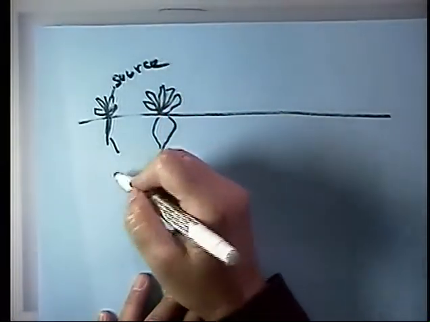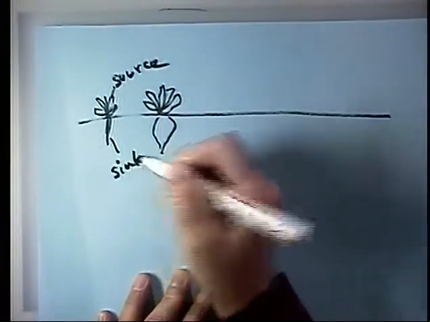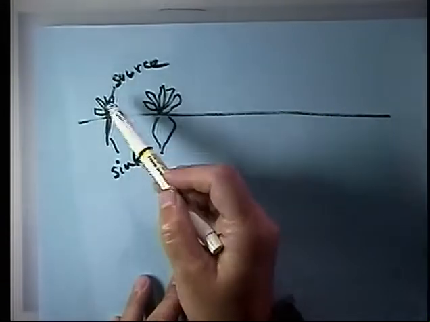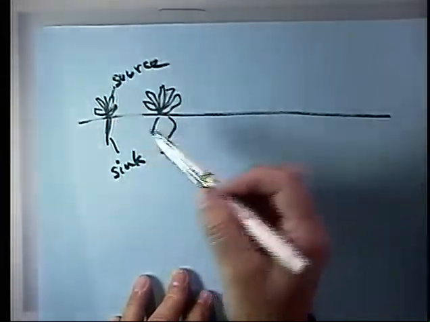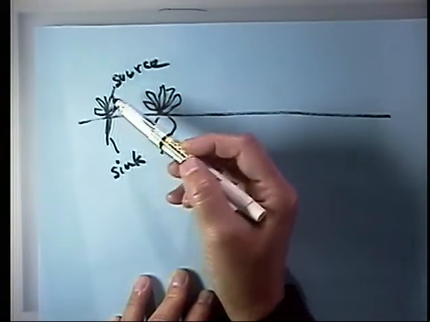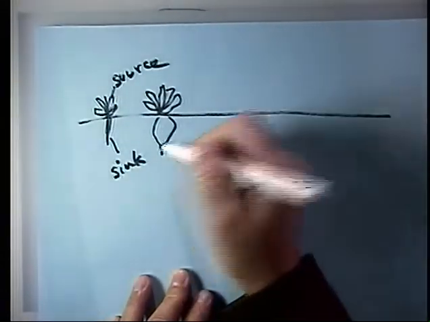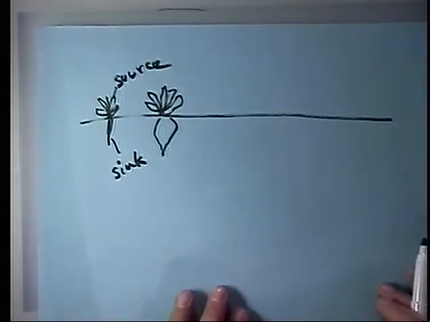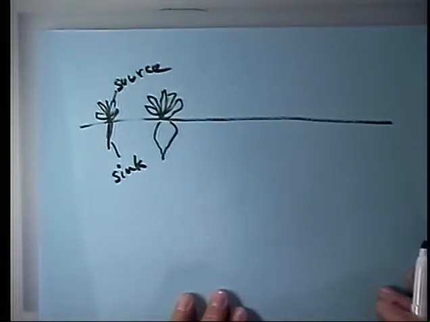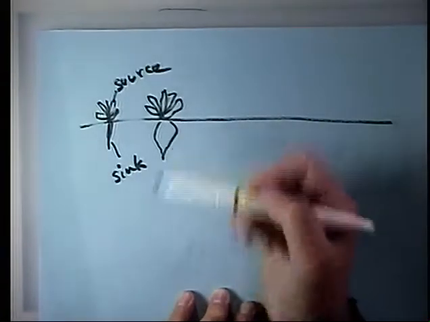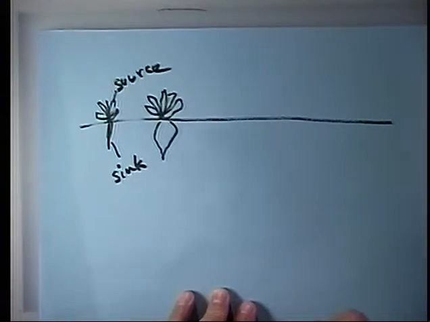The root is a sink, because you have photosynthesis happening in the leaf, and then the sugar is translocated in the phloem to the sink, which in this case is a root, which gets nice and fat and happy with all the sugar or starches that it's storing. Some plants can store sugar, like a sugar beet stores sugar in its root, but other plants, such as cassava, will store starch, because remember, starch is usually the storage product of plants.